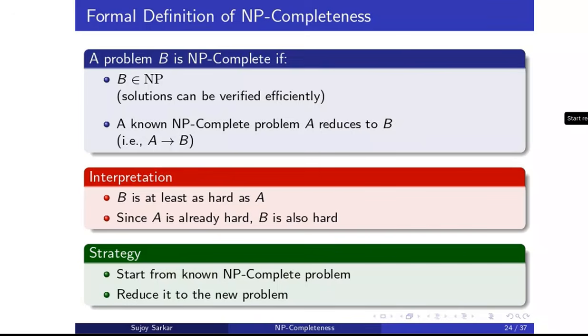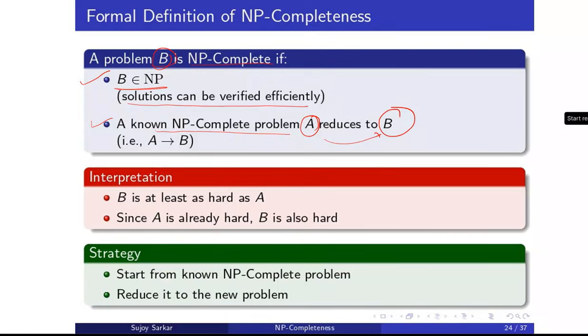Okay. So by the formal definition of an NP-complete problem, as I told earlier, there are two conditions. First, suppose problem B is what we are trying to prove. B has to belong to NP, that is, a solution can be verified efficiently. If you are given a solution, you can verify it efficiently. And second, we have to take a known NP-complete problem, let's say A, and we have to reduce it to B.